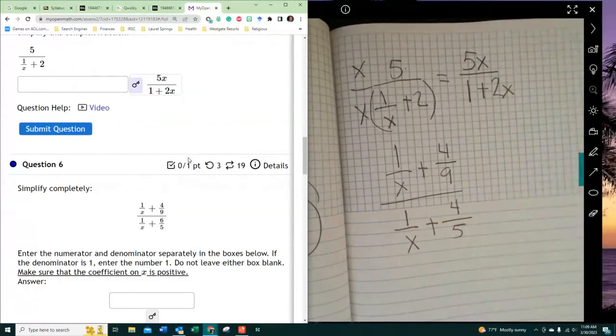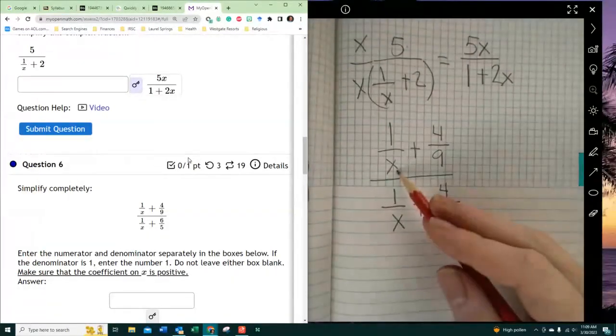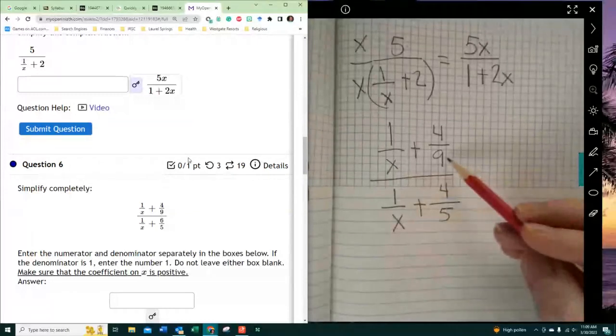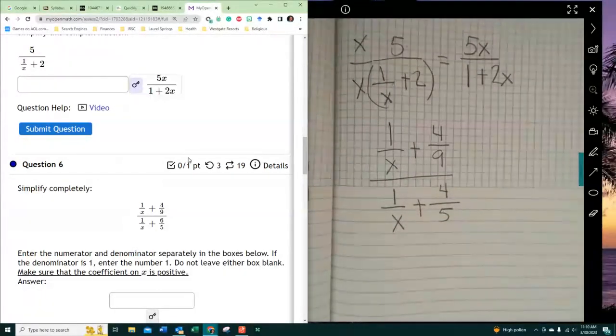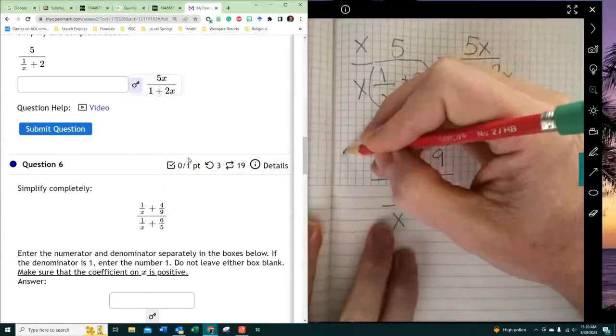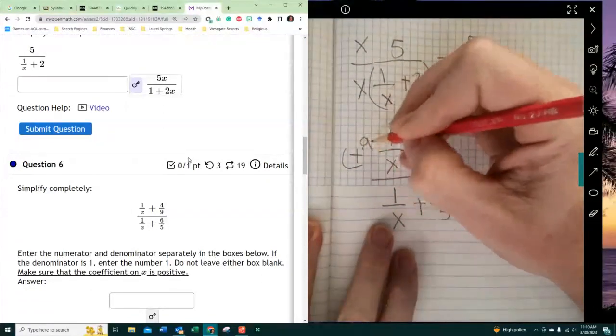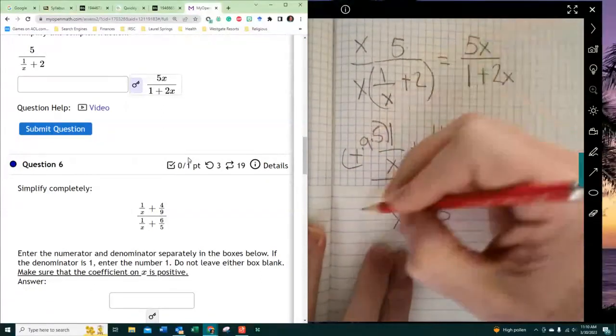Now, if we keep in mind, we're looking at the denominators and we're trying to eliminate all the denominators, we'd have to find the LCD. So what we would need is an x, and we would need a 9 and a 5 in order to eliminate them, right? So in order to eliminate all the fractions, if we literally wanted to write it like that, that would be a little bit weird, but we could write it like this.